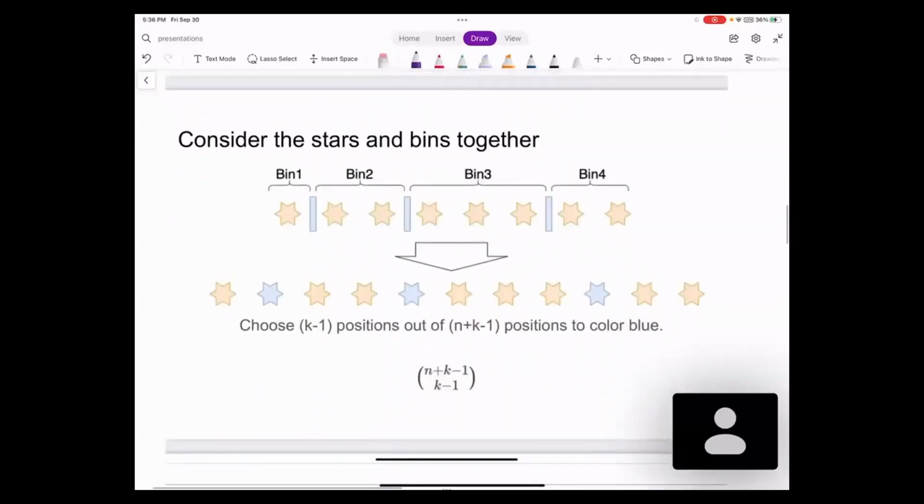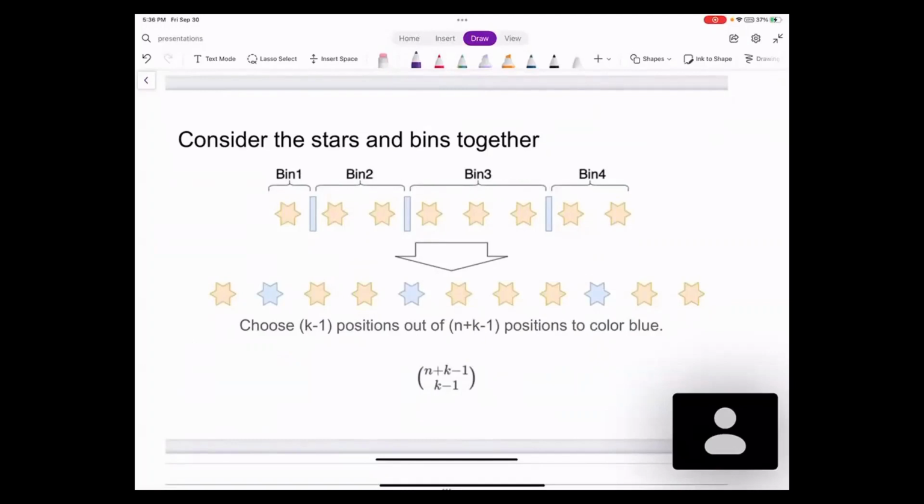All right. So what this technique allows us to do is to have a general form to solve these kinds of problems. What we want to do is to consider the stars and the bars together. For example, if we have 8 stars and we want 4 bins, we use 3 bars to partition them.